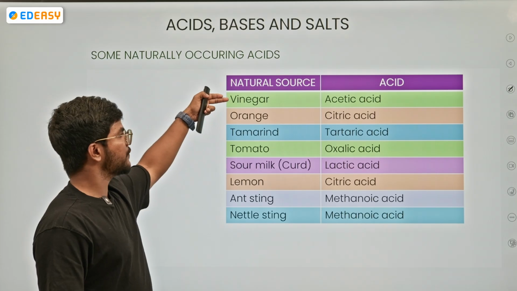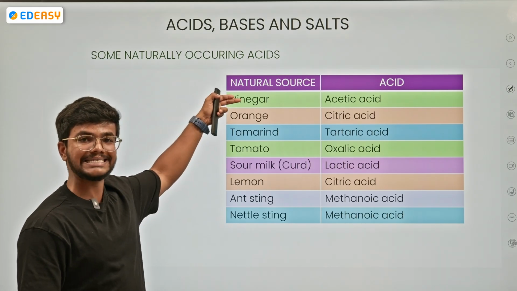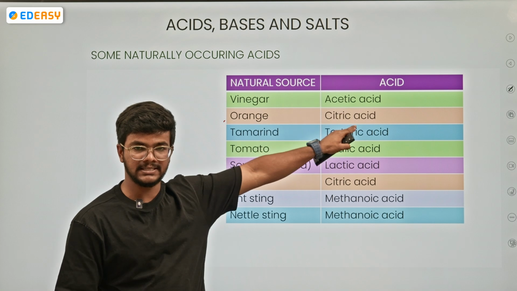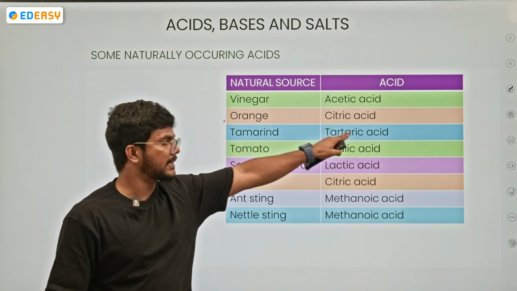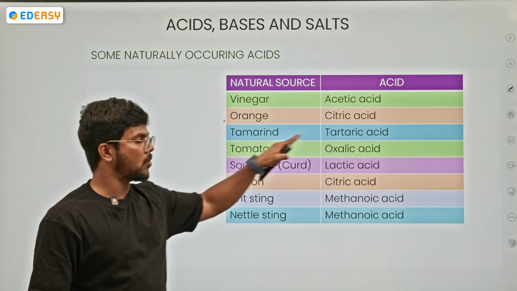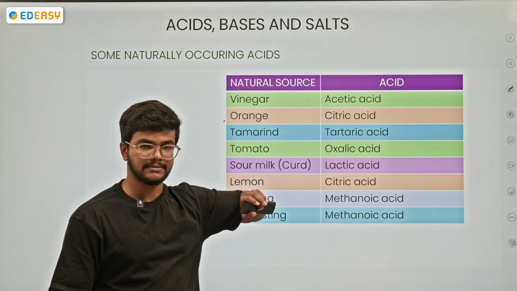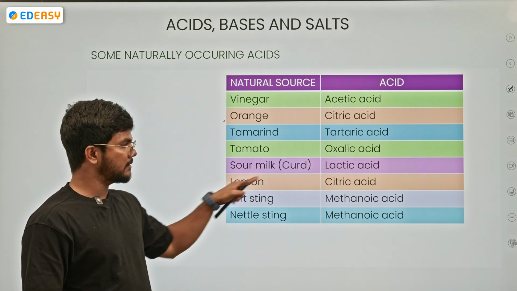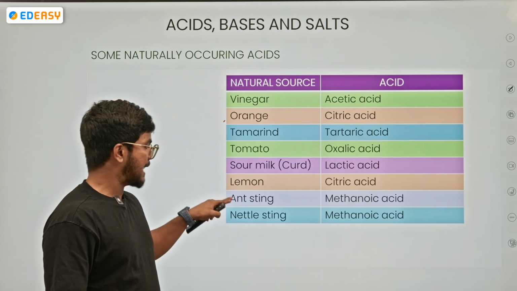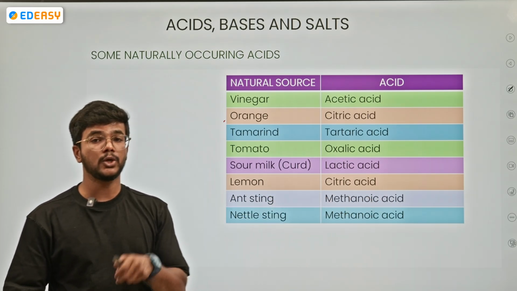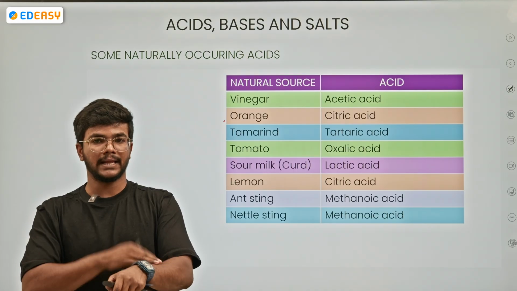Vinegar contains acetic acid, orange contains citric acid, tamarind contains tartaric acid, tomato contains oxalic acid, sour milk contains lactic acid, lemon contains the same citric acid, and ant sting contains methanoic acid, which can be cured by applying a base.